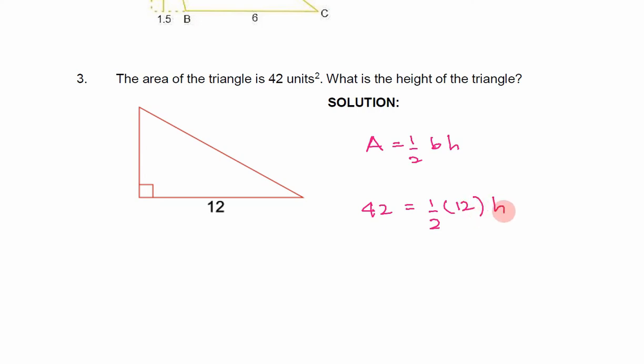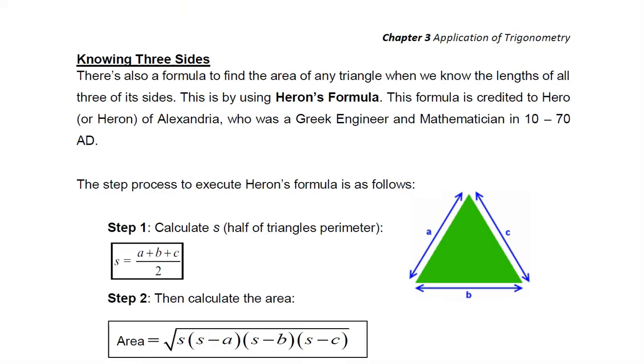So you're looking for height. So here, after you solve this, you will get the height equal to 7. Okay. So I hope there's no problem for the first case, because you have already met this many times from your secondary and primary school.